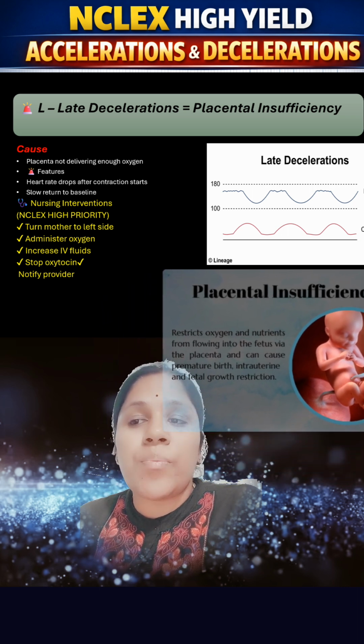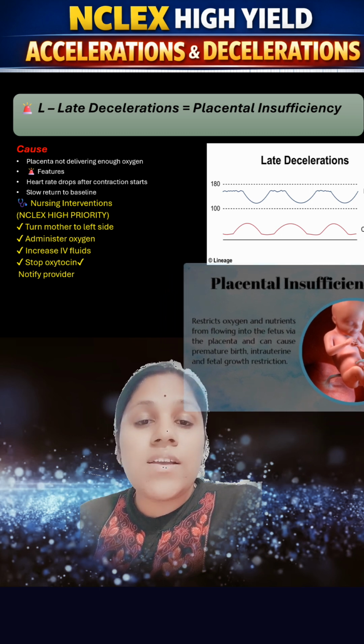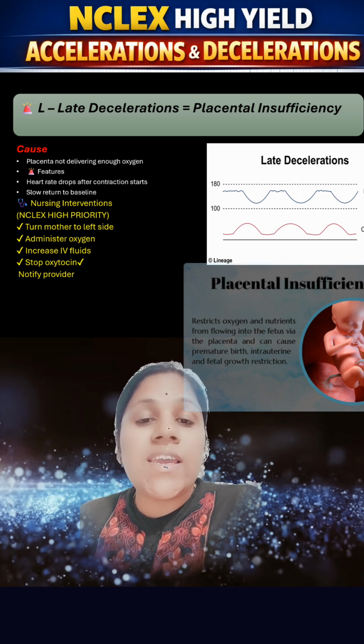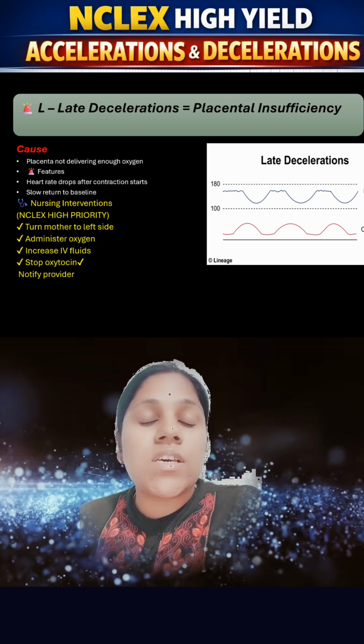So we can see a U-shaped pattern on the fetal heart rate strip. The main nursing intervention here, which is of high NCLEX priority, is to turn the mother to the left side, administer oxygen, increase the IV fluids, stop oxytocin, and notify the healthcare provider.